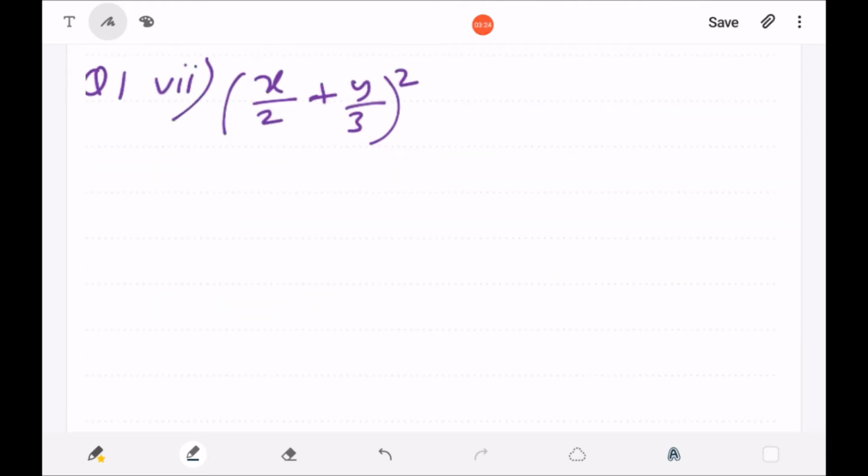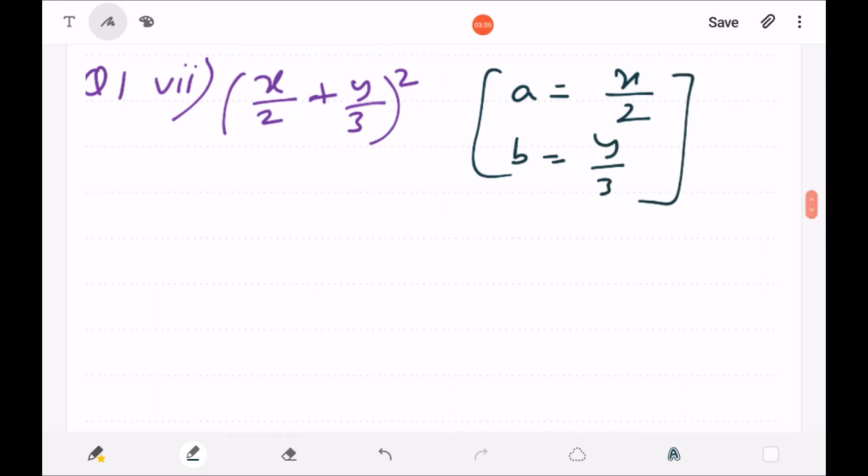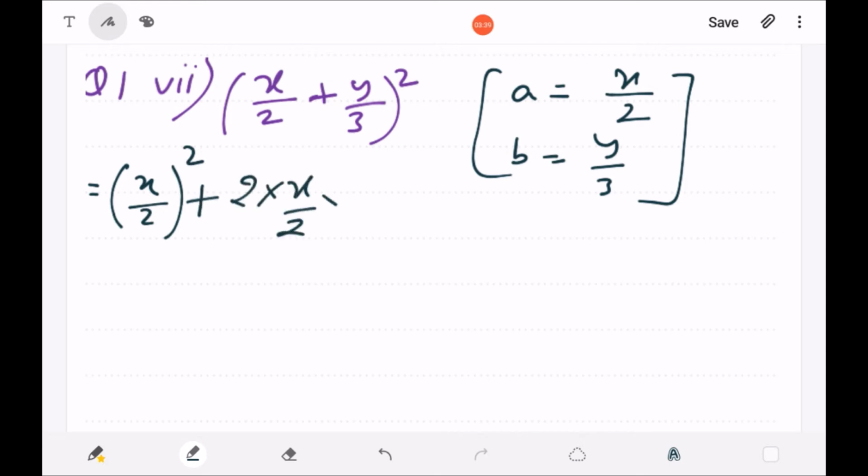Now let's take the seventh part, x by 2 plus y by 3 the whole square. So here a value is x by 2 and b value is y by 3. Now again use the same identity. So here a square will be x by 2 the whole square plus 2 into ab, that is 2 into x by 2 into y by 3 plus y by 3 the whole square.